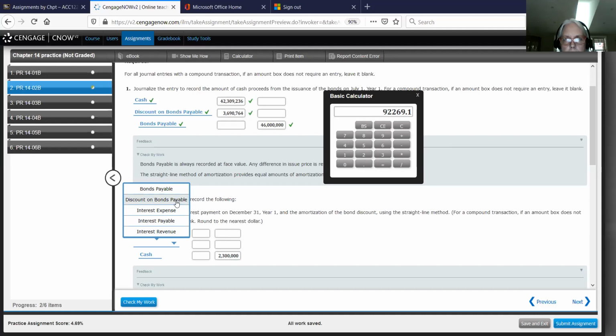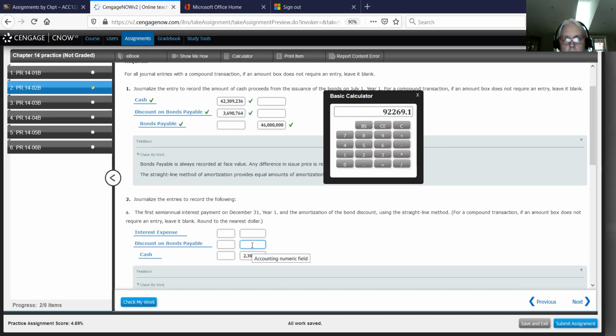A discount on bonds payable normally has a debit balance, but we're going to credit it for the amortization of that amount, and the amount that we calculated was $92,269. They also wanted you to round to the nearest dollar.